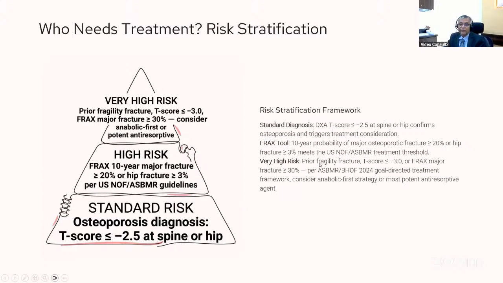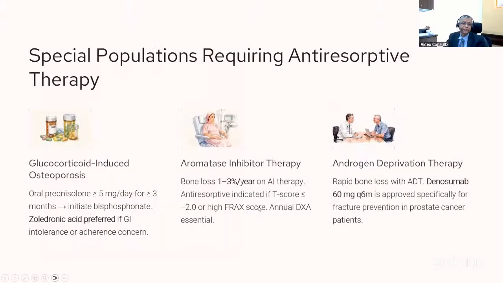Very high risk: prior fragility fracture, T-score less than minus 3, FRAX major fracture more than 30 as per ASBMR guidelines. Goal-directed framework: consider anabolic agents as a first line of therapy and the most potent antiresorptive agents if at all you were to add.